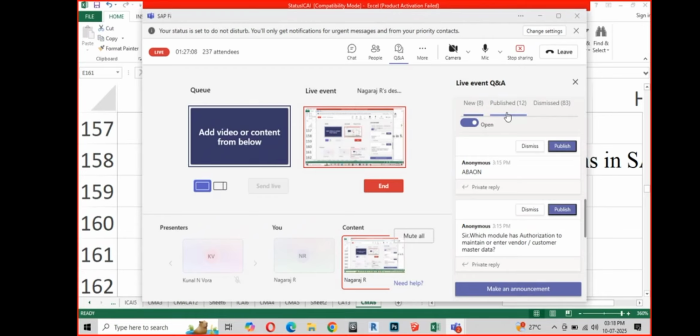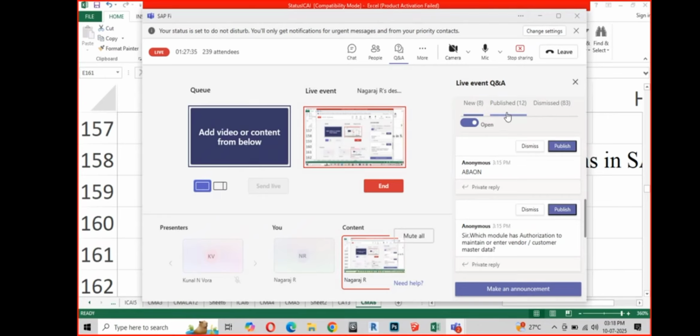Finance is obviously there, and it is the material management module and the sales and distribution module which is responsible for maintaining their portion of the data in the relevant masters. I hope I have answered that question.